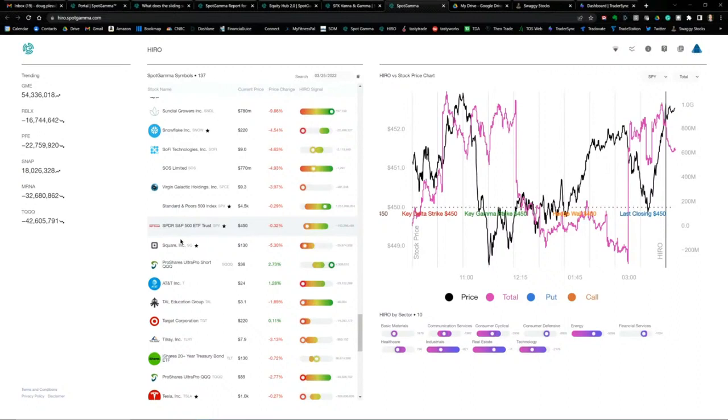This question came up in chat, I think in the futures channel earlier today, about some confusion with hero and Bookmap. And the thing to remember: hero and Bookmap for ES combines call and put signals for SPX and SPY.